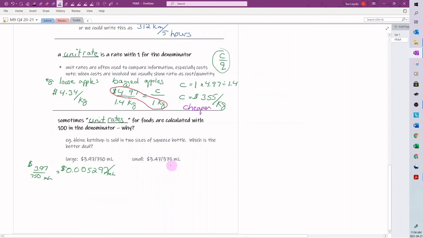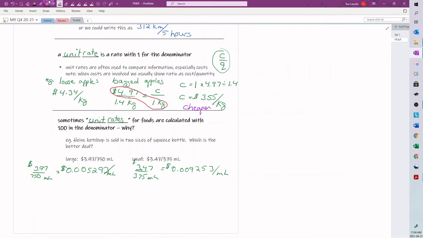And if I do the small bottle and I do $3.47 divided by 375 milliliters, and again, I'm just going to divide 3.47 divided by 375, I get a unit price of 0.009253 per milliliter.